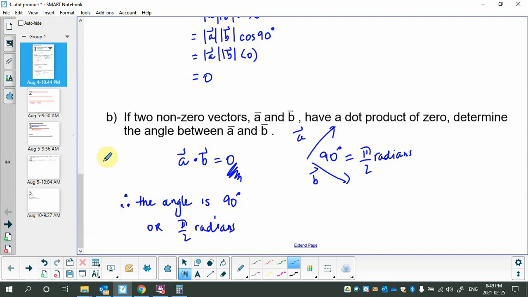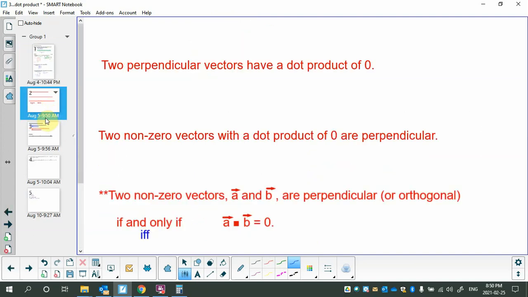So then we come to what's on the next slide. So this is a bunch of facts. 2 perpendicular vectors have a dot product of 0. Let me say that again, and then I'm going to go back to the last slide. 2 perpendicular vectors have a dot product of 0.